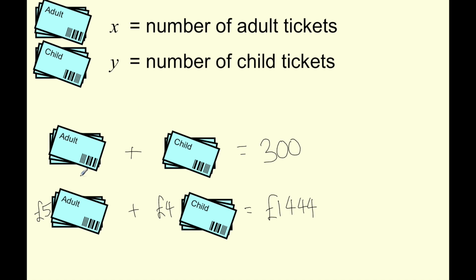So we have that x plus y equals 300, and then we have that the £5 multiplied by the x plus the £4 multiplied by the y equals the £1,444. So here we've formed two simultaneous equations. Whatever we're going to find out for x will work for both of these.